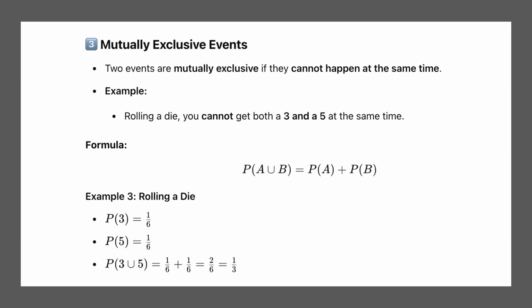How will you calculate the probability of 3 and 5 happening, one after another? It will be P(3 ∪ 5), and the final outcome will be 1 divided by 6 plus 1 divided by 6, which is the probability of 3 plus the probability of 5. So the final answer will be 1 divided by 3. Any doubt?